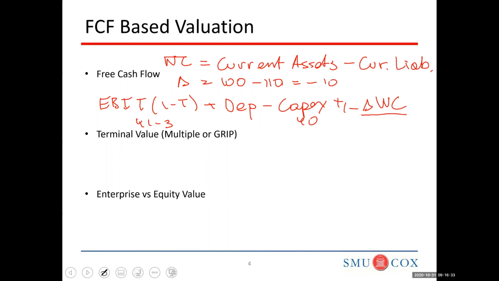You have to invest in the business, in your capex, and you have to invest in working capital if your company is growing. So I wanted you to be aware that what goes into the free cash flow calculation is the change in your balance sheet items. Does that make sense?